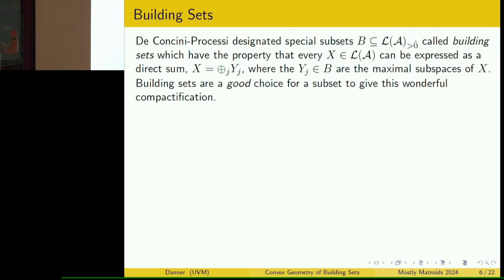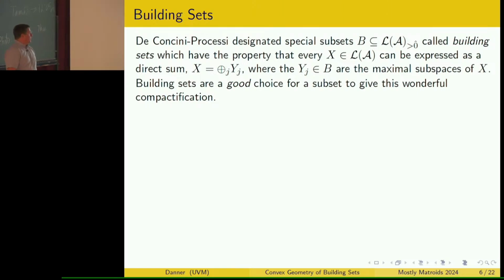You take a subspace, and if it's not already in your building set, this special subset, you look at all the maximal ones that live below it. So you're a building set if you have enough of these elements in your building set to form a direct sum that adds up to it. Building sets are a good choice for a subset to give us the wonderful compactification.